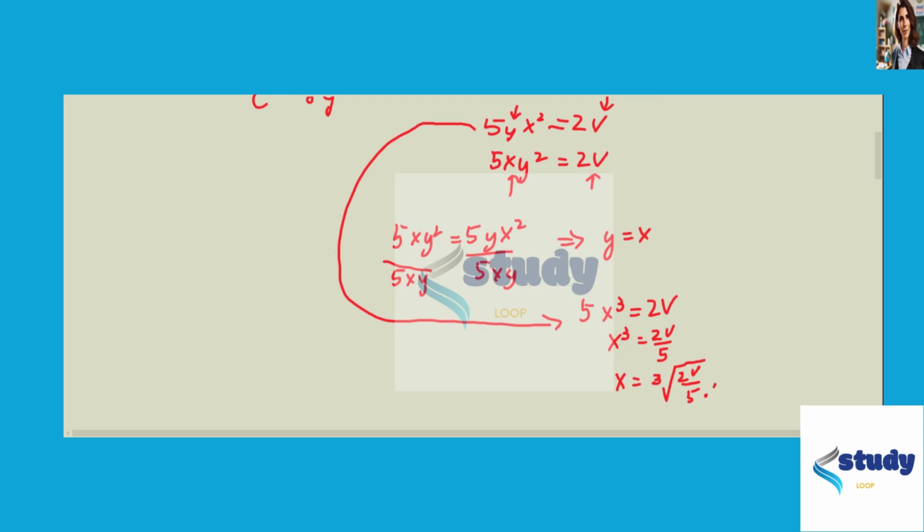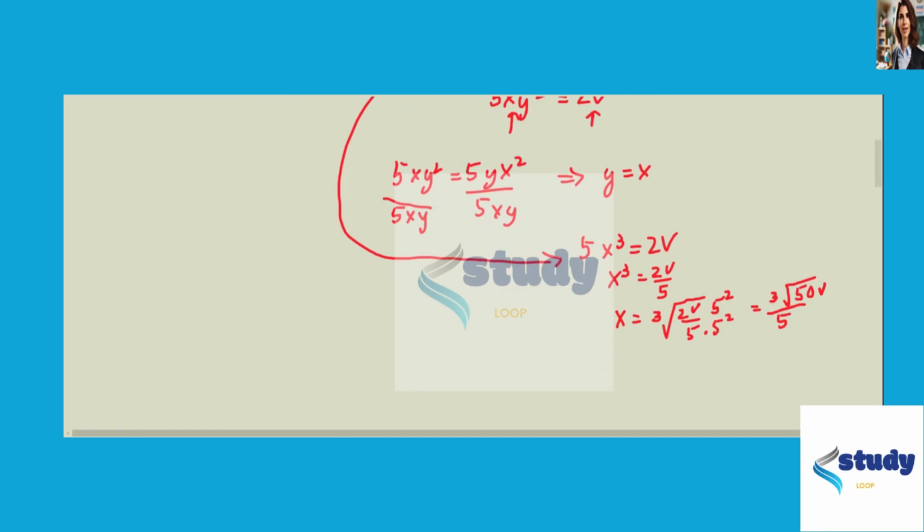We have a 5 on the bottom, so let's multiply by 5 squared. So now we have 5 cubed on the bottom, which gives me a 5 out here, and the cube root of 25 times 2, so 50V. Cube root of 50V over 5. Well, if X is equal to that and Y is equal to it, then Y also is the cube root of 50V over 5.